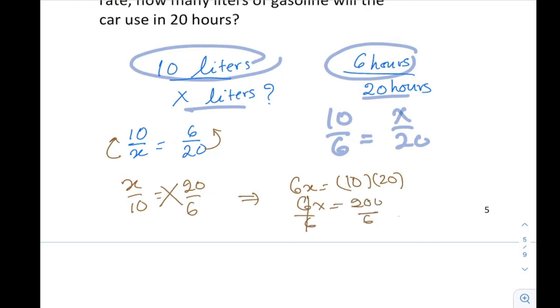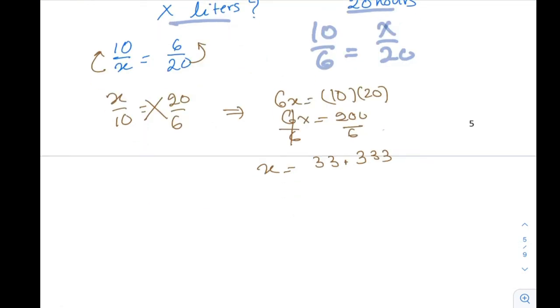Dividing both sides by 6, and x is 200 over 6. If you use the calculator to find 200 over 6, it will give you a repeated number, 33.333 forever.